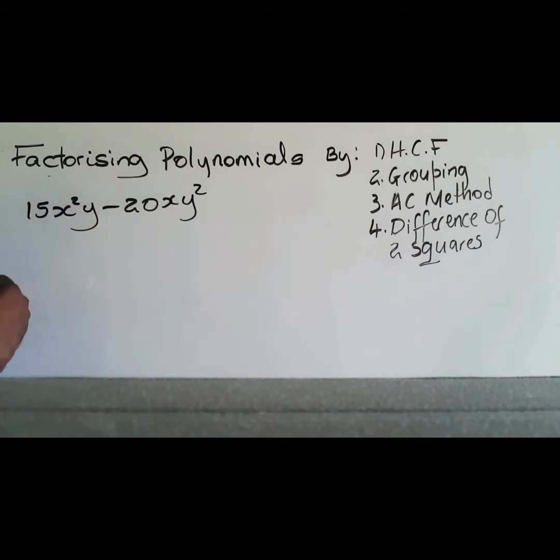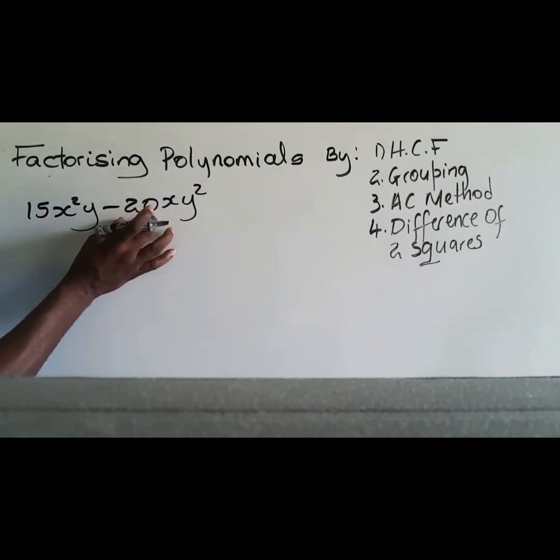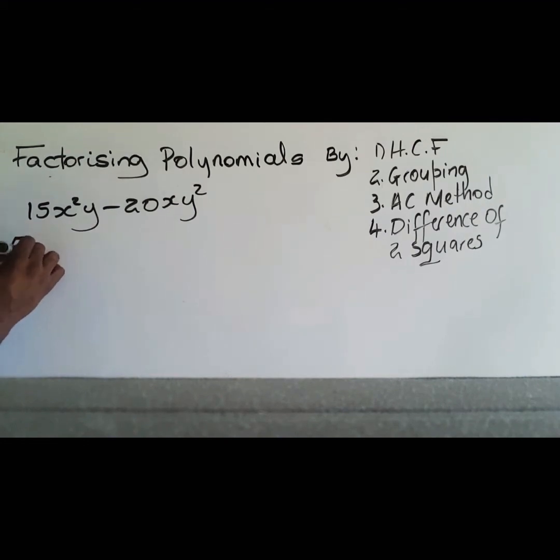And when we speak of common, it may not be visible. It may be something that can be divided into the terms. So for the 15 and the 20, 5 is a common factor because 5 can go into the 15, 5 can go into the 20. And this is actually the biggest number that can go into the 15 and the 20 without a remainder. So that the 5 would have taken care of the coefficients.